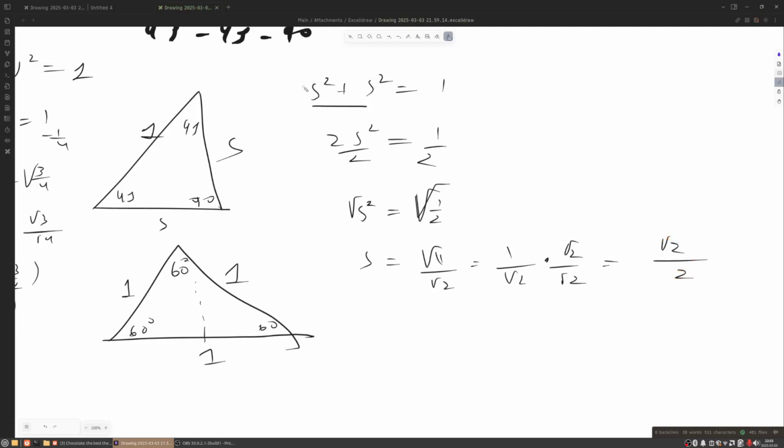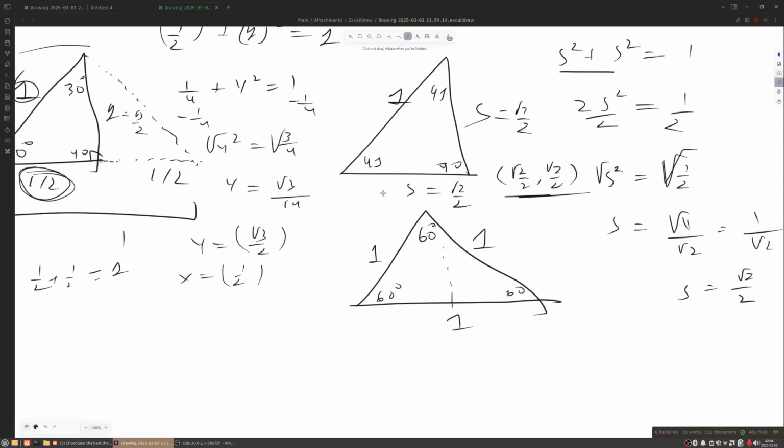Now, with this, since we know now that the s is root 2 over 2, this will be root 2 over 2, and this also will be root 2 over 2. Now this means that this will be root 2 over 2, root 2 over 2. This is going to be the coordinates of angle 45.